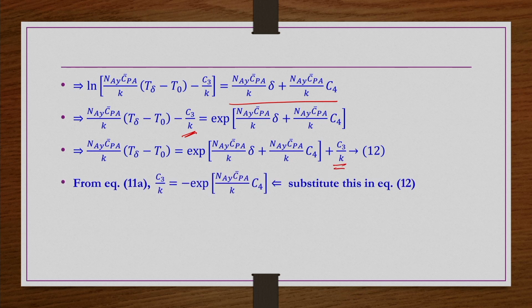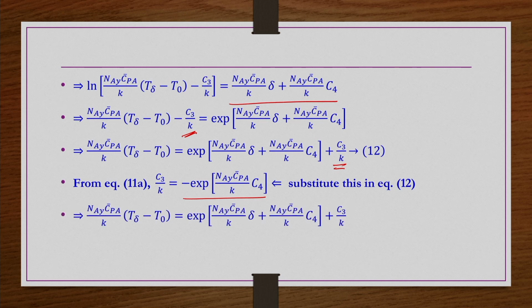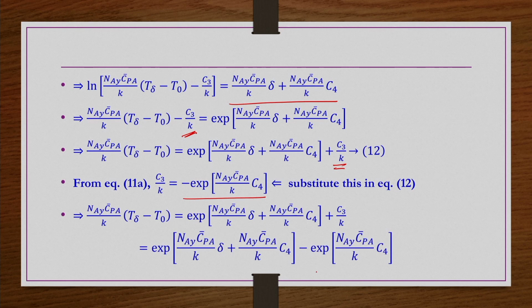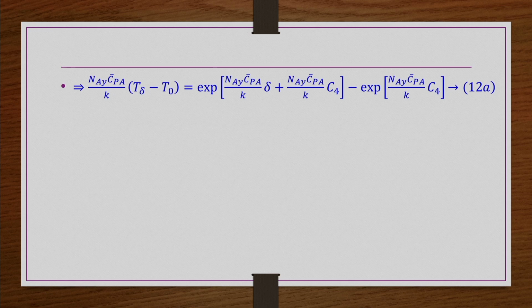Next step, in place of C3 by k we will be writing minus exponential of ṅ_A C_PA bar by k C4, which we just derived in the previous slide by applying the first boundary condition. This is what we got. So, you substitute here this term, remaining all terms are same, right. So, the same equation is written once again here.